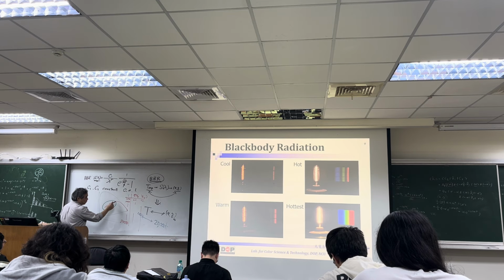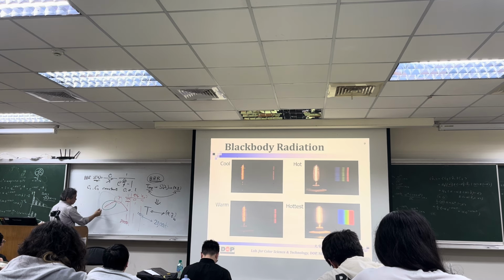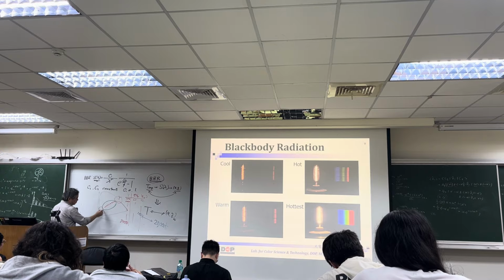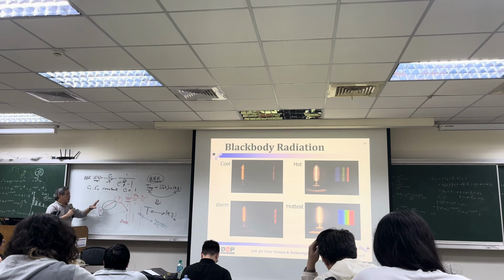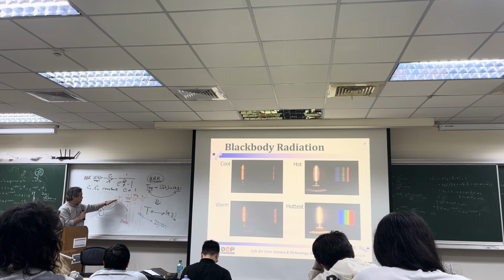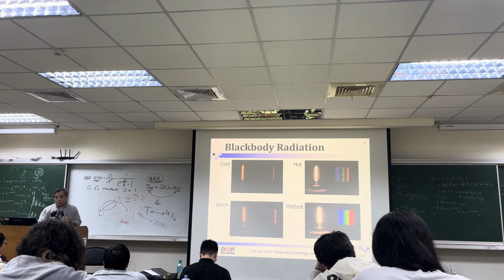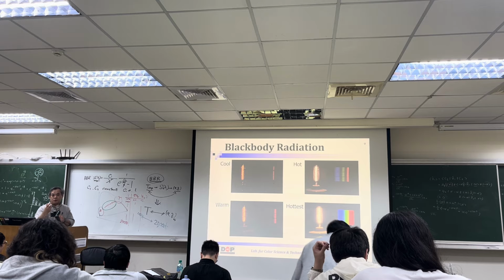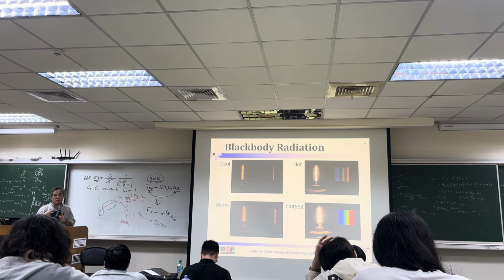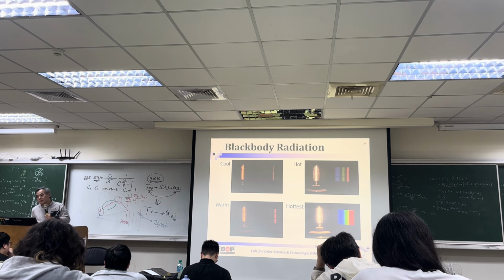Lower temperature is closer to yellow, right? Higher temperature is close to the blue area. So if we apply the color temperature, this kind of temperature is no more the thermal temperature of the object. The temperature tells you the color, and no more tells you the thermal temperature. Okay?